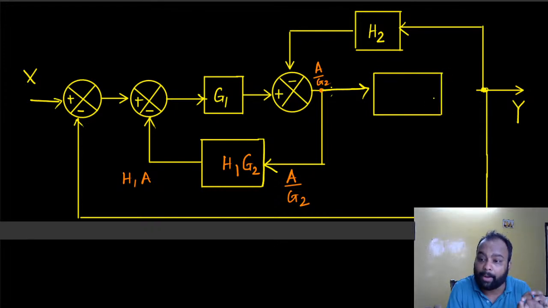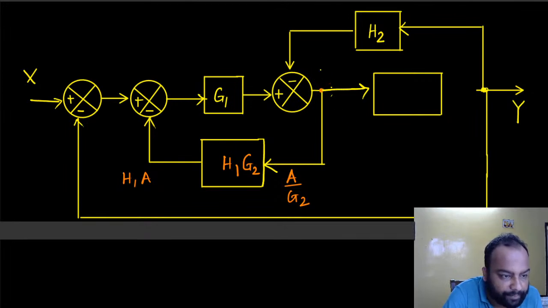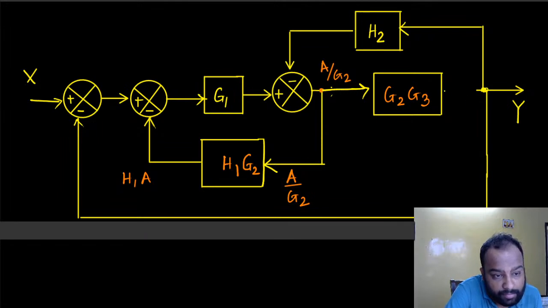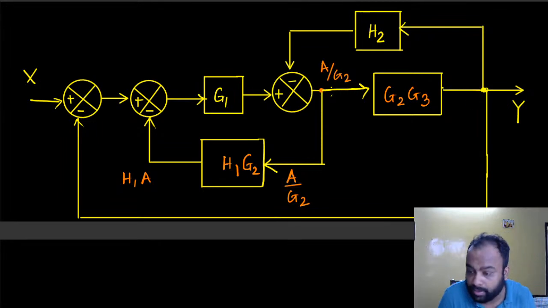Don't think about how they are constructed, how H1 is constructed, how H2 is constructed, how G1, G2 are constructed. Just think about them as complex gains. And this is going to be nothing changed.